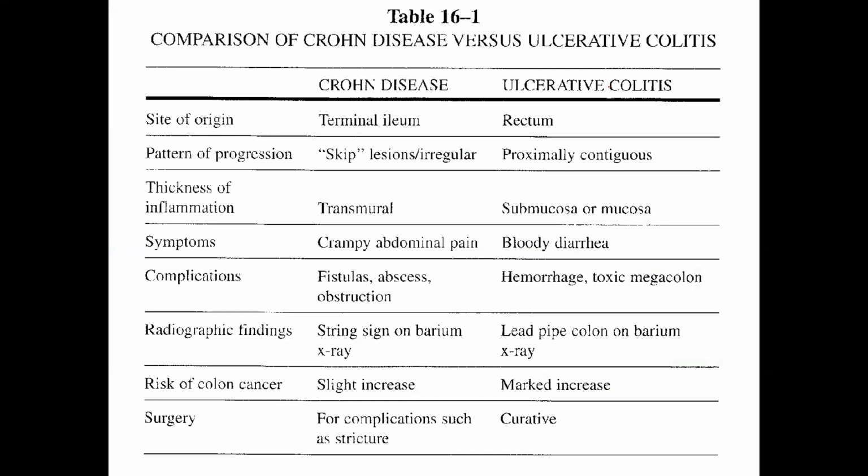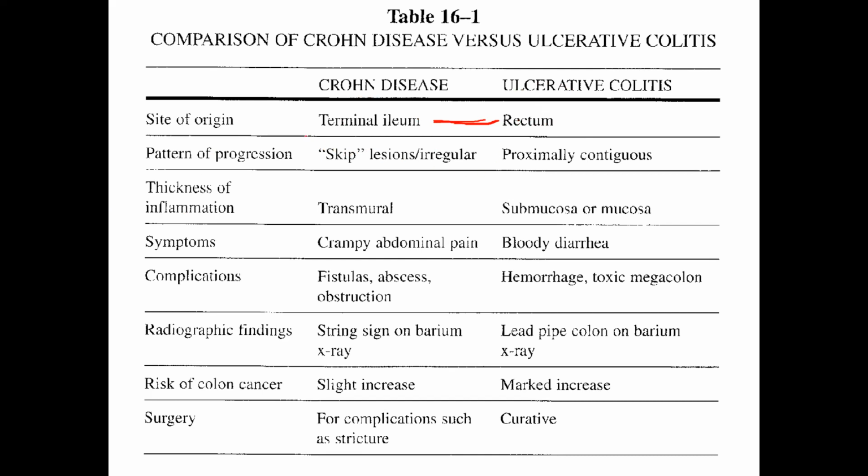Crohn's versus ulcerative colitis, both inflammatory bowel diseases, both commonly tested on NPLEX. The site of origin is not 100%. You can have them occurring anywhere, but if they forced you into a corner, terminal ileum would be more likely associated with Crohn's. Rectum is more likely associated with UC, but can they occur elsewhere in the bowel? Absolutely.